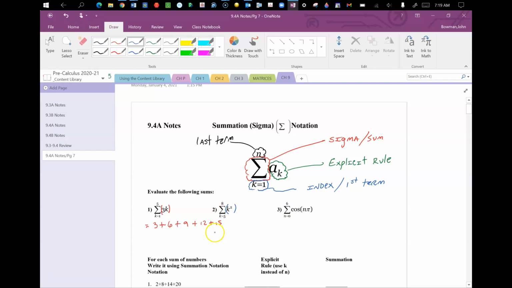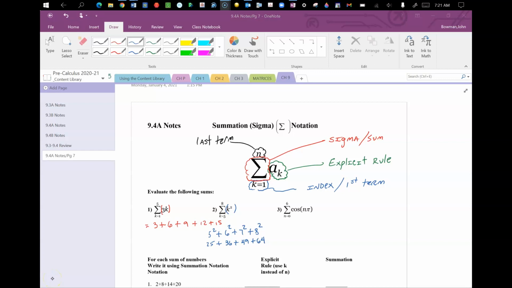So the first term in our series is going to be 5 squared plus 6 squared plus 7 squared plus 8 squared, or 25 plus 36 plus 49 plus 64.